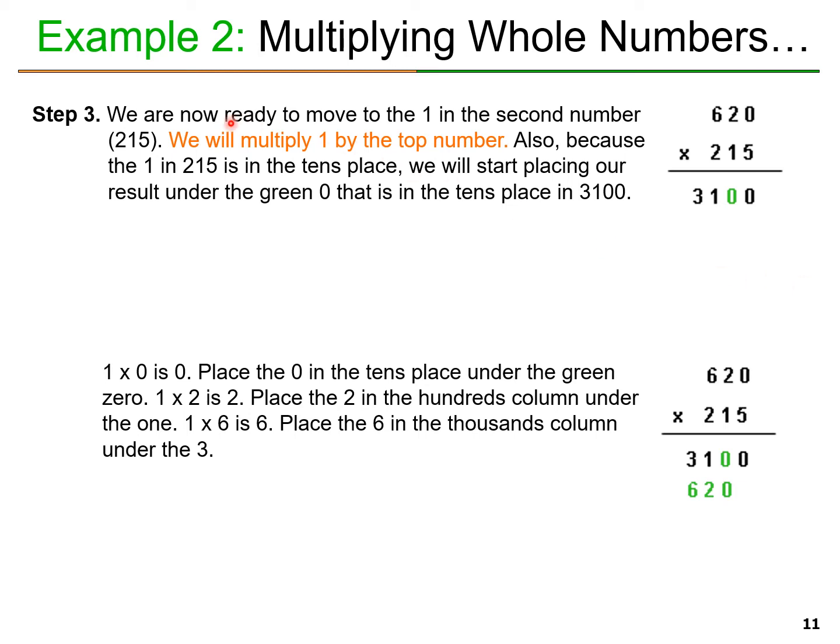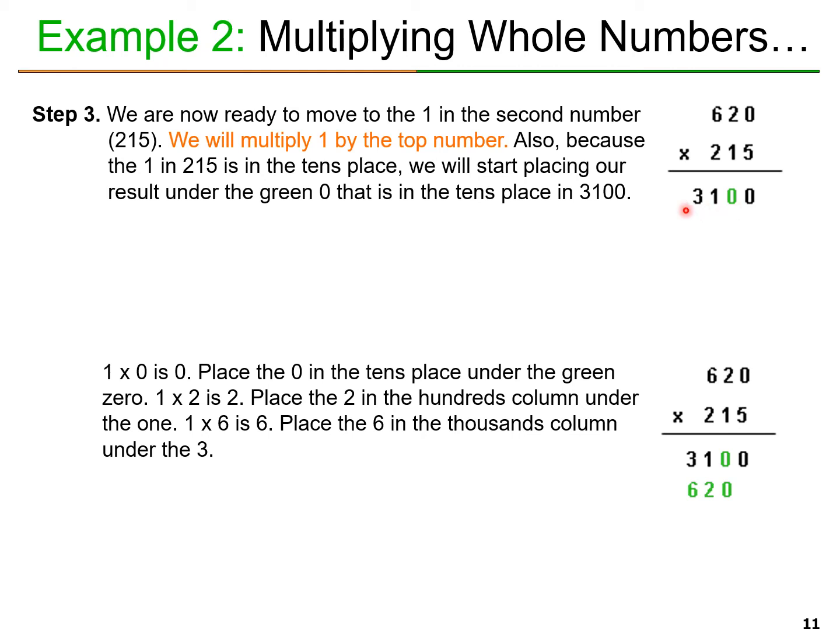Now we are ready to move to the 1 in the second number. Remember, the bottom number is 215. So we multiplied the 5 by each one of these digits. Now we move to the left, we multiply 1 by each one of these digits. Also, because the 1 in 215 is in the tens place, we will start placing our result under the green 0 that is in the tens place in 3100.